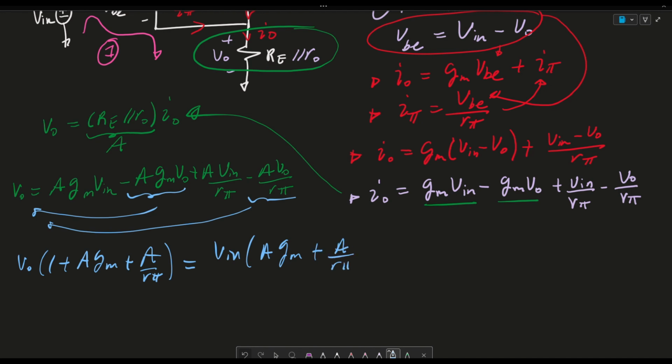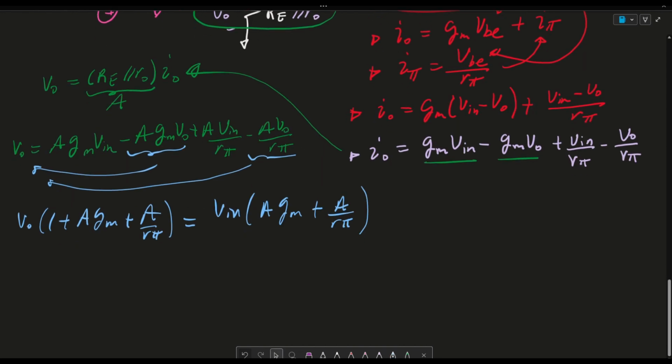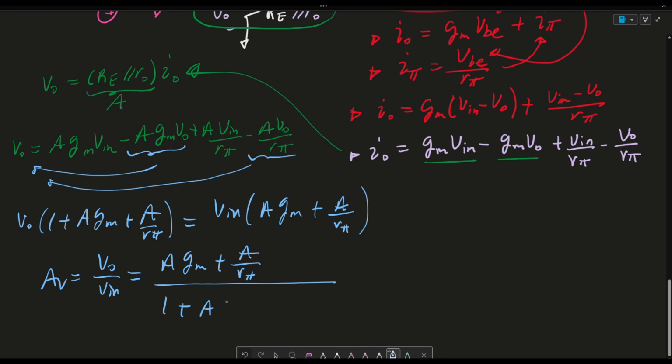So then we know that AV is equal to VO over Vin, which is AGM plus A over R pi, and again, this R pi is a subscript, all over 1 plus AGM plus A over R pi.